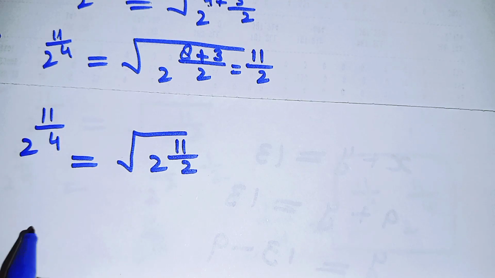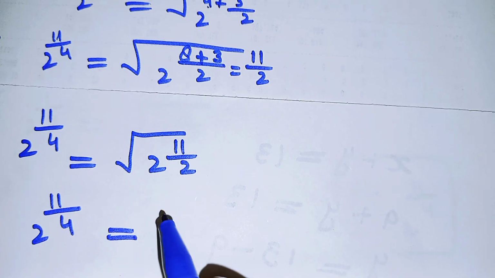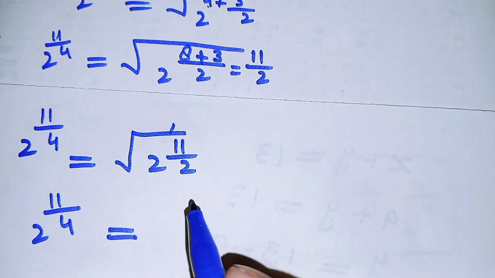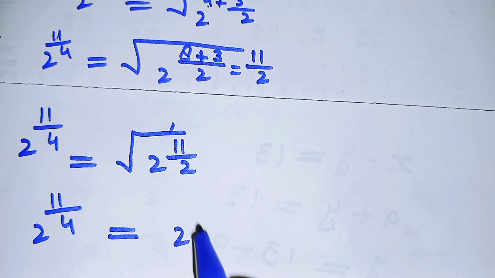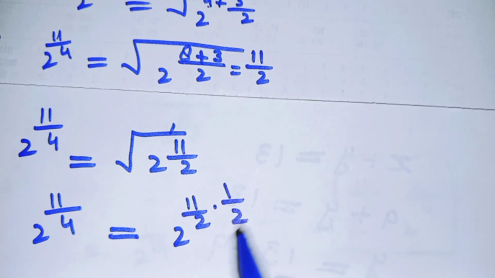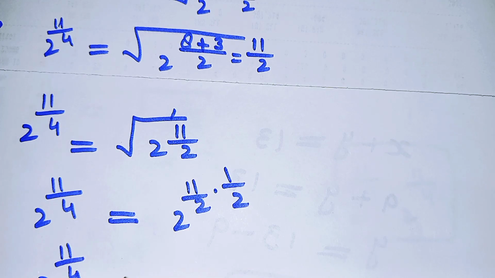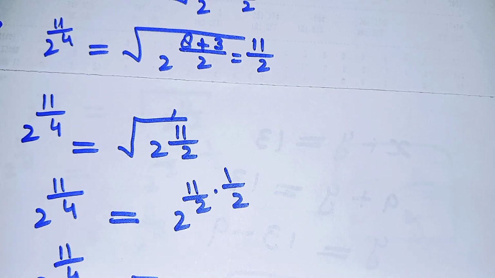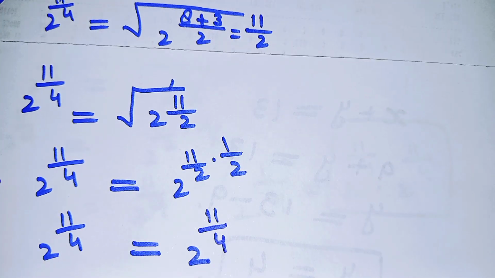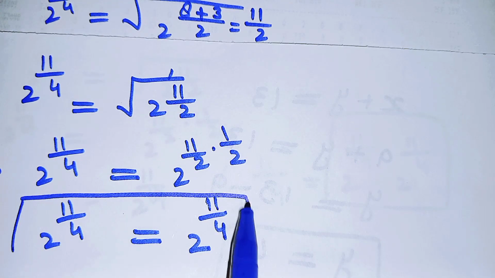Then here this to the power of 11 over 4 is equal to, and then we cancelled out this square root for this, and it can be written as to the power of 11 over 2 and then times 1 over 2, and so here to the power of 11 over 4 is equal to this 2, and this 11 ones are 11 and 2 twos are 4, and therefore the answer is same and this statement is true.